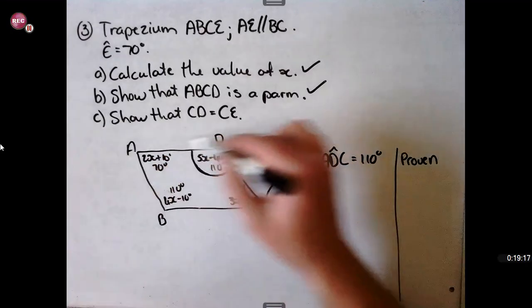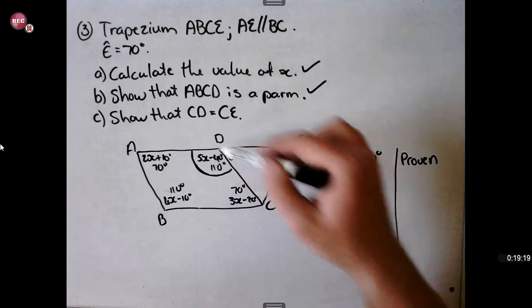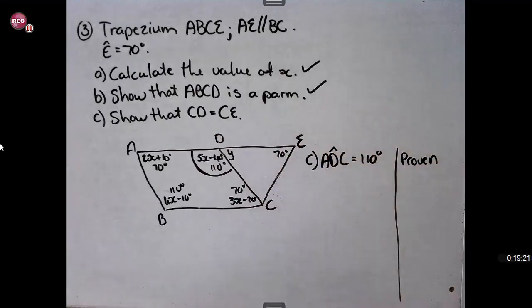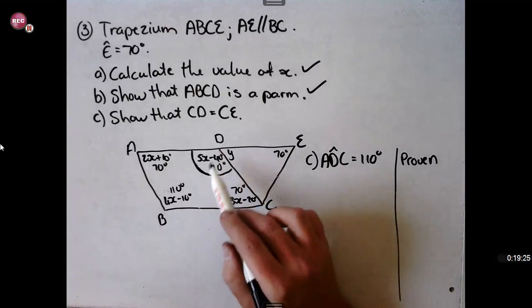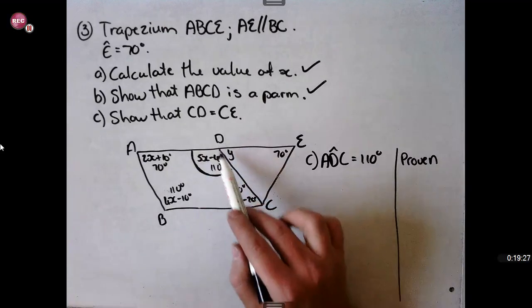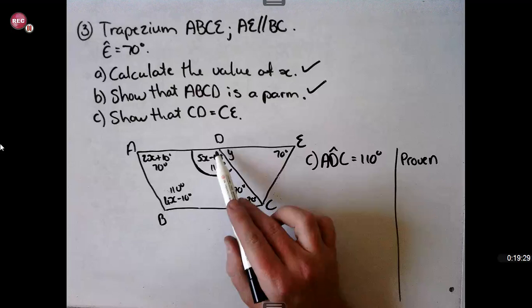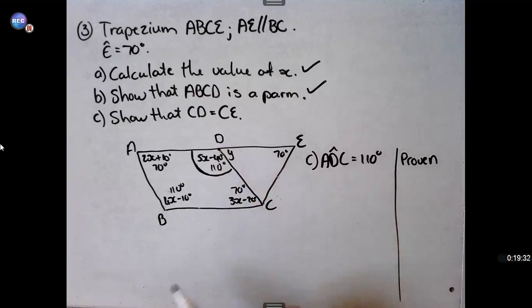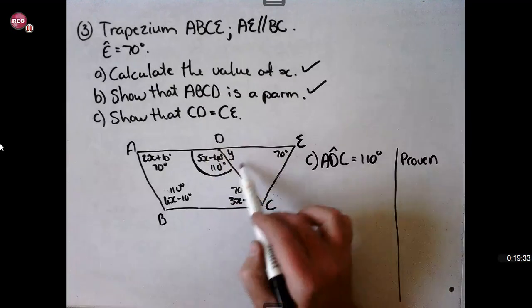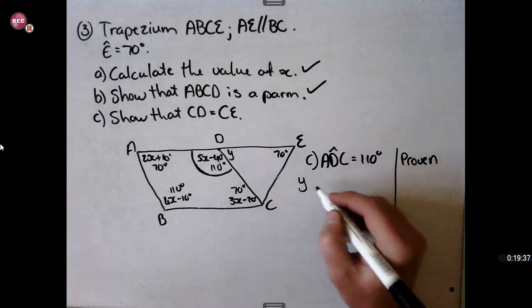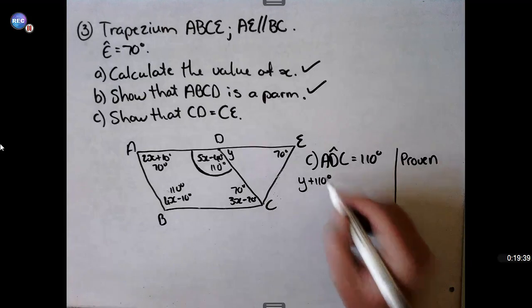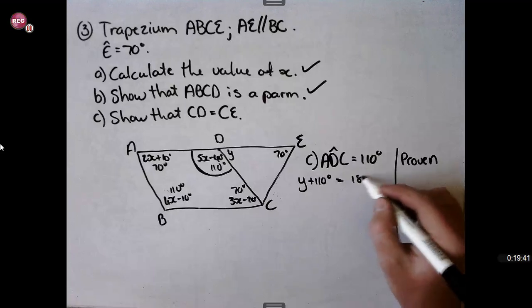ADC. Okay. Now the other thing is that because this is 110 degrees and this is a straight line with an arm moving out, sharing the common vertex, you can use adjacent supplementary angles to calculate for y. So y plus 110 is equal to 180 degrees.